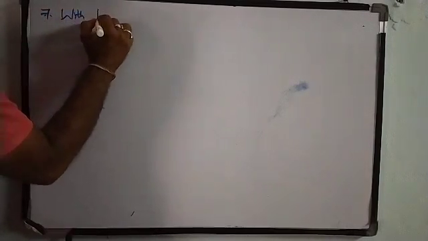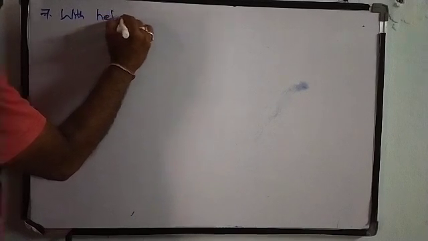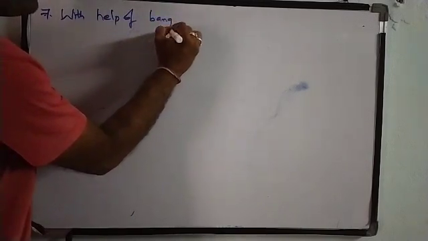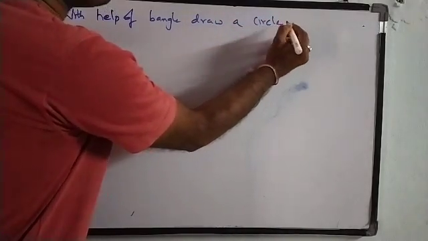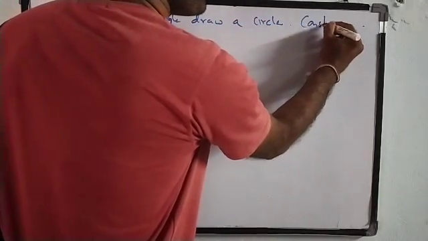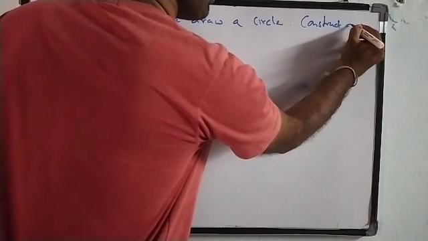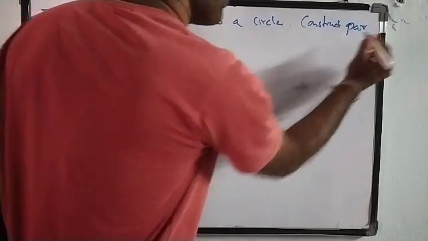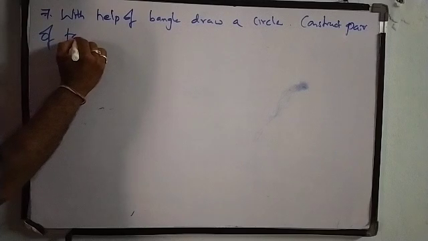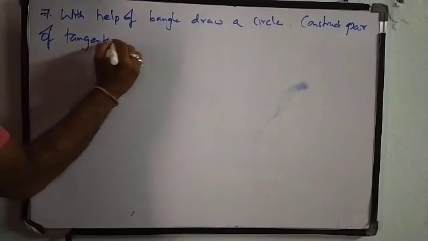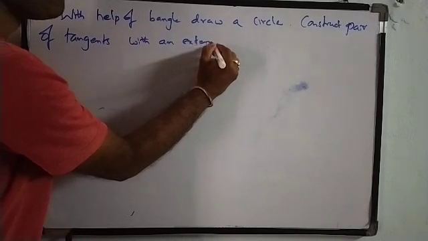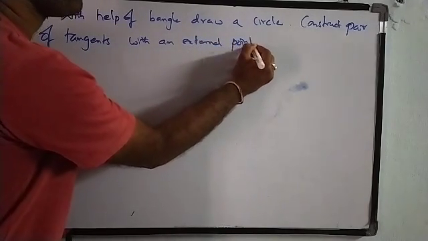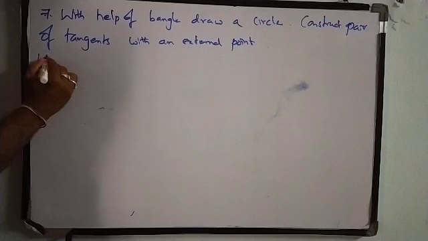The question says that with the help of a bangle, draw a circle and construct a pair of tangents with an external point. Okay, let us see the solution for this.